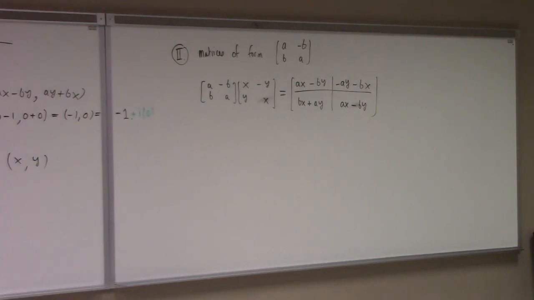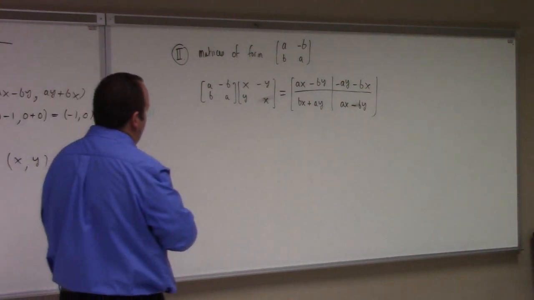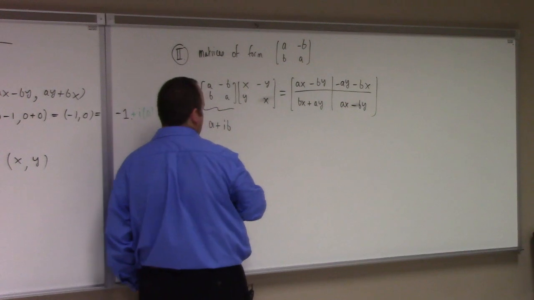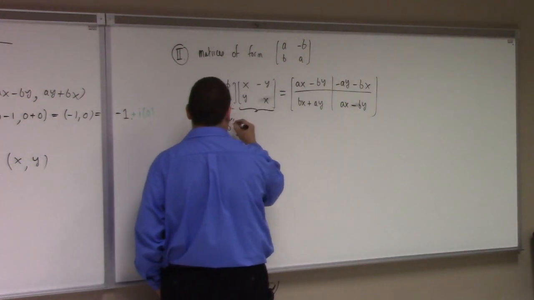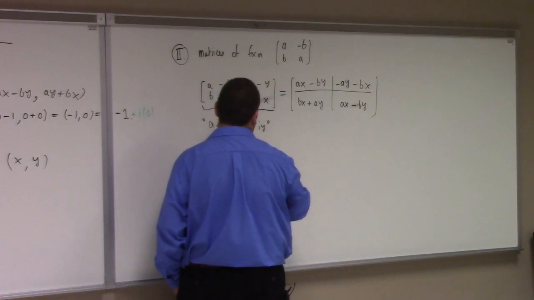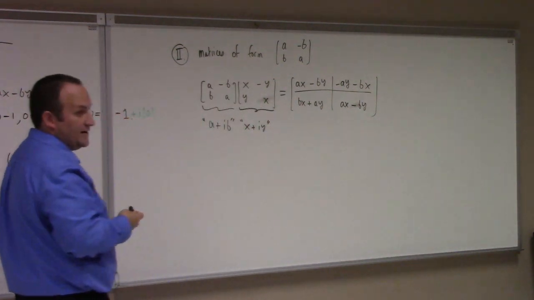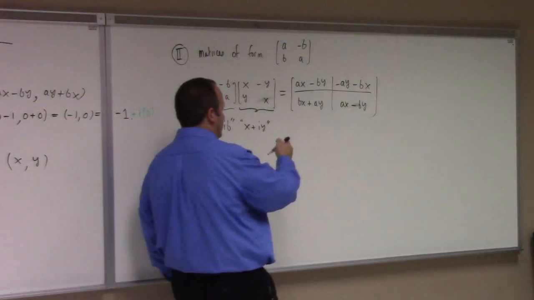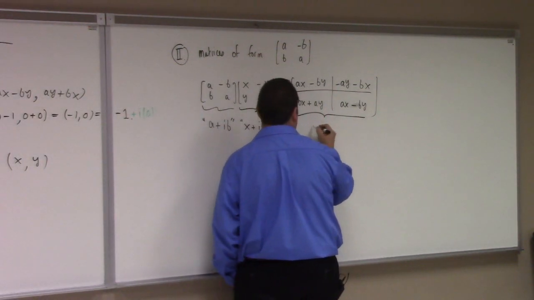So if you look at it, these 2 by 2 matrices also reproduce this pattern, right? We can think of this as being quote unquote A plus IB, and we can think of this as being quote unquote X plus IY, right? If that's the correspondence, what complex number does this 2 by 2 matrix represent?